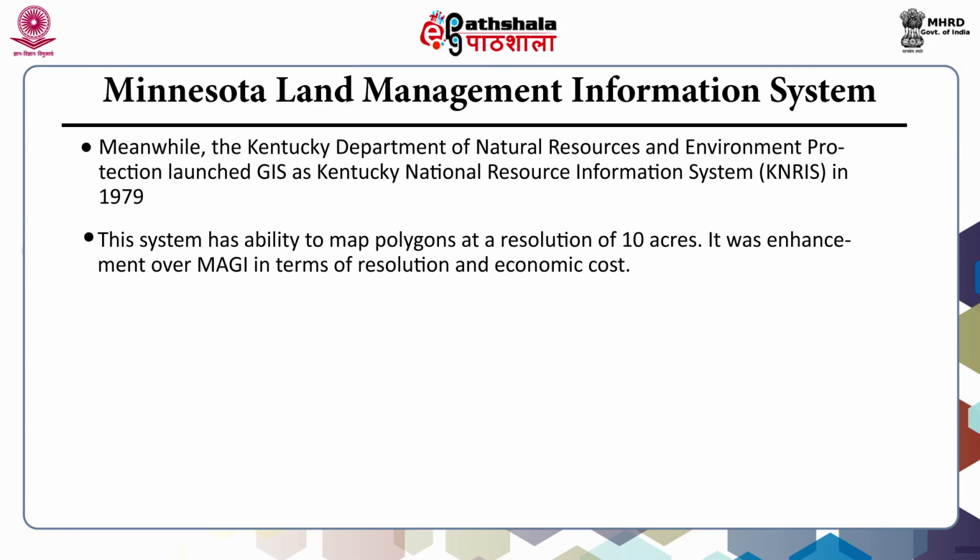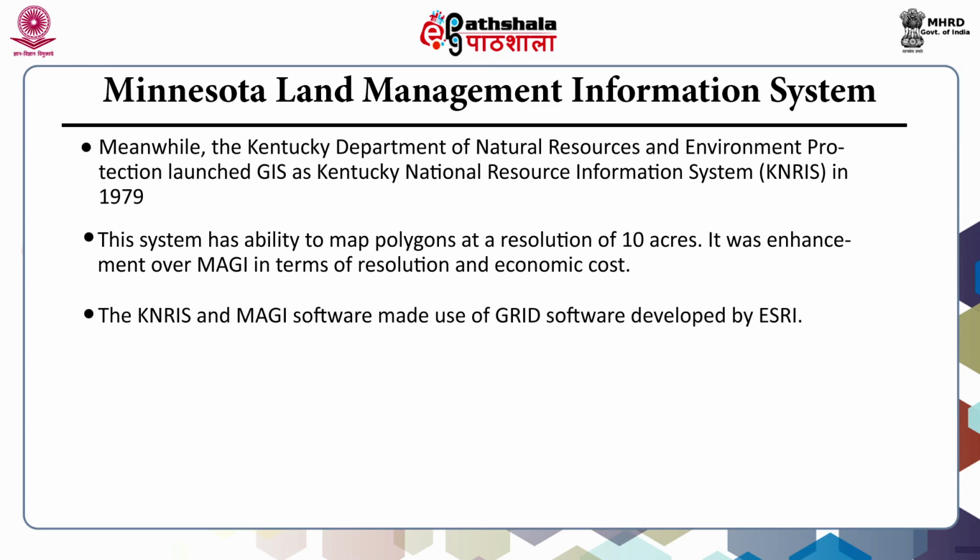This system has the ability to map polygons at a resolution of 10 acres. It was an enhancement over MAGI in terms of resolution as well as economic cost. The KNRIS and MAGI software made use of grid software developed by ESRI.